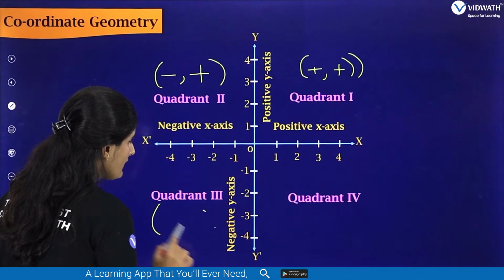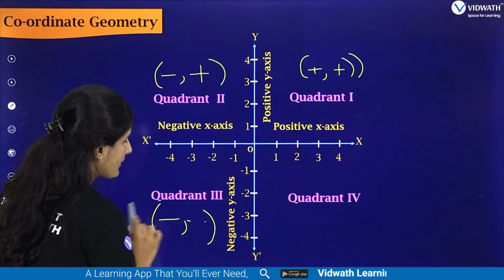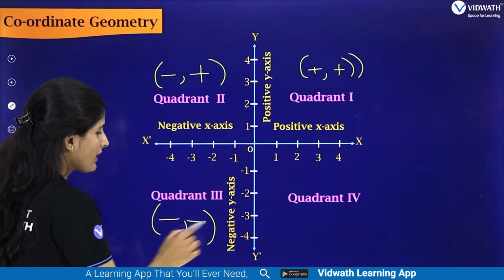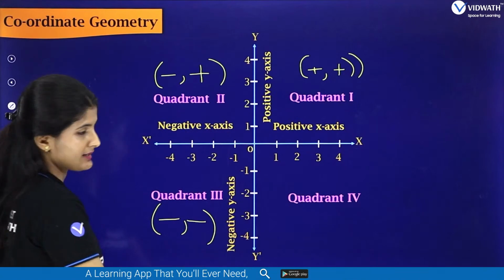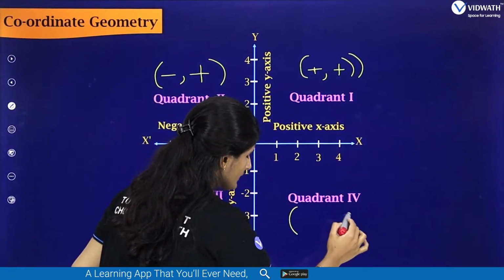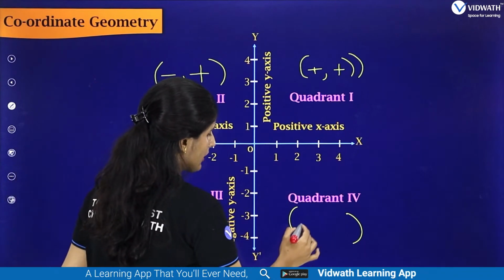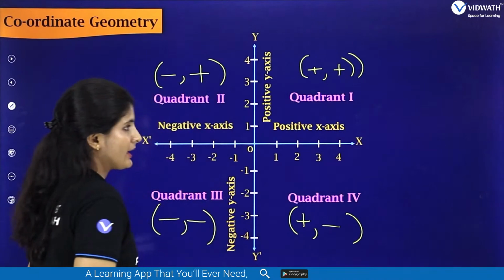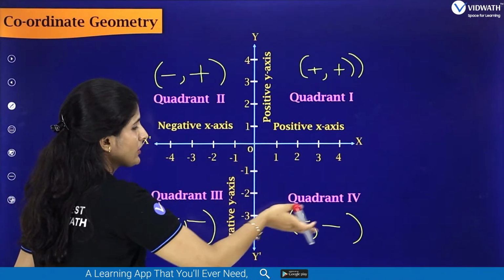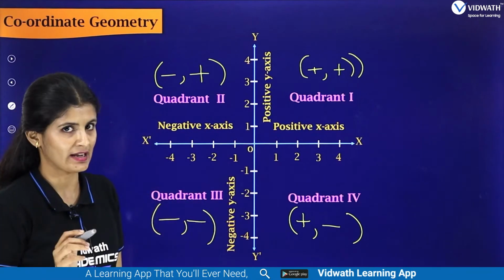In the third quadrant, the coordinates will be negative x coordinate and negative y coordinate, because the third quadrant is formed between the negative x-axis and the negative y-axis. Similarly, the coordinates of the points in the fourth quadrant are of the form positive x coordinate and negative y coordinate, because the fourth quadrant is formed between the positive x-axis and the negative y-axis.